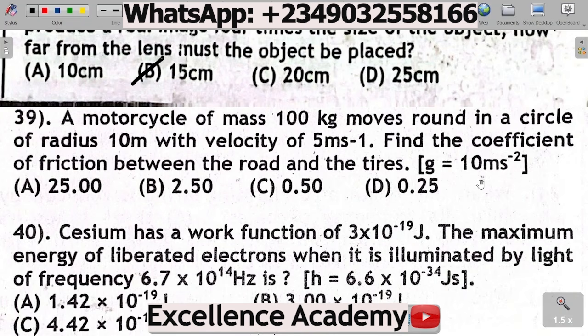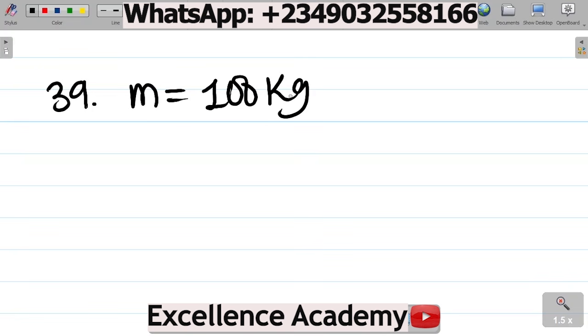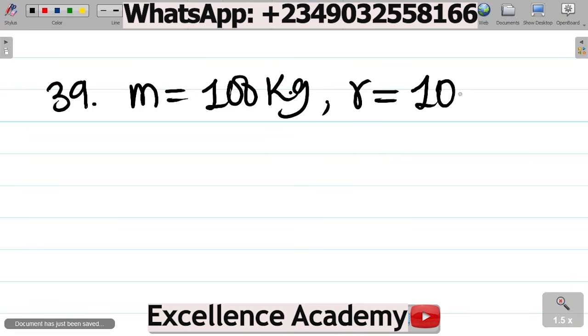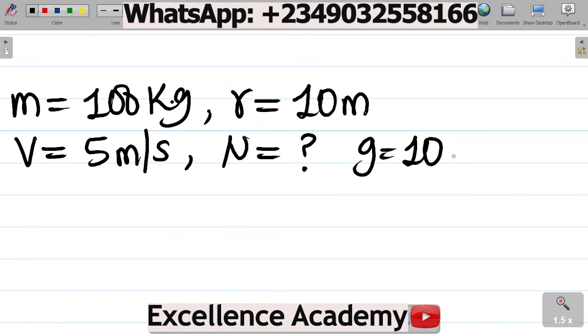You're asked to find the coefficient of friction, mu, which is unknown. They also give you g as 10 meter per second squared.